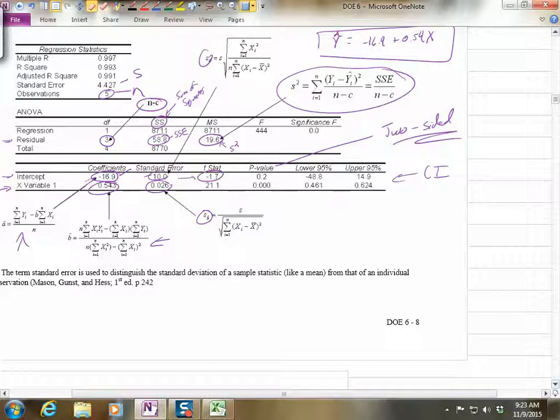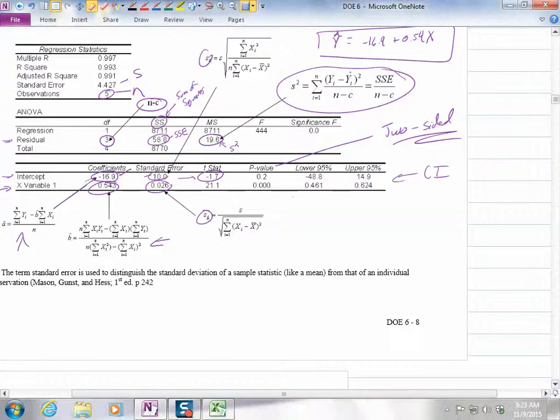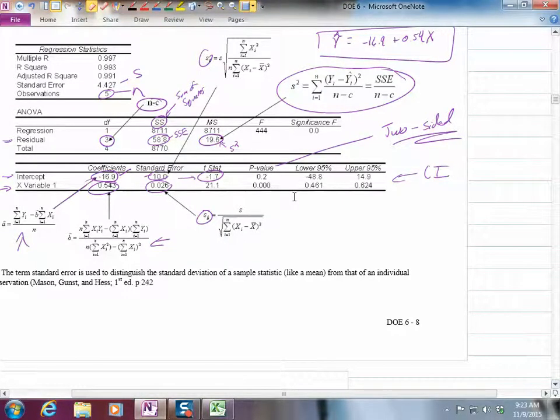So what do you think? The slope, is the slope significant? If you're doing a hypothesis test on the slope, do you think it's significant? Who says yes?